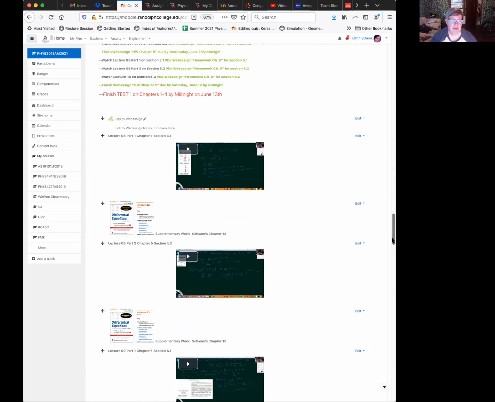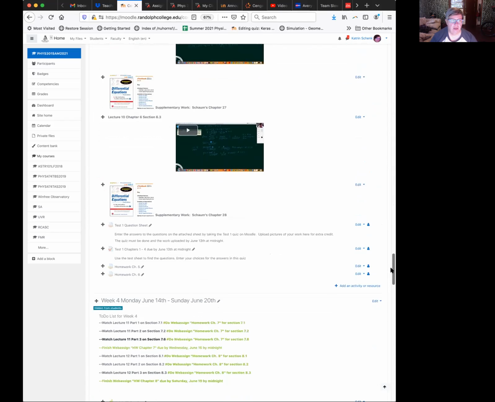And just to explain what those look like, let's go down. You'll see that there's a question sheet that has all the questions themselves, right? And then there's a quiz where you enter your answers. It's usually multiple choice. Now, when you do your test, you probably use some scratch paper, right? And these are all open book, open notes.